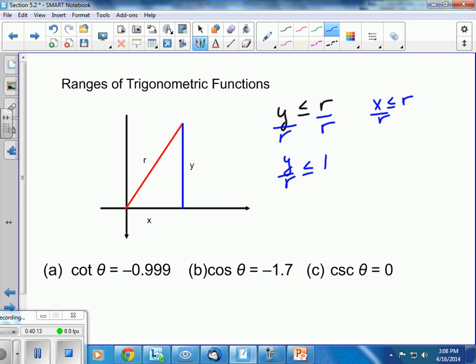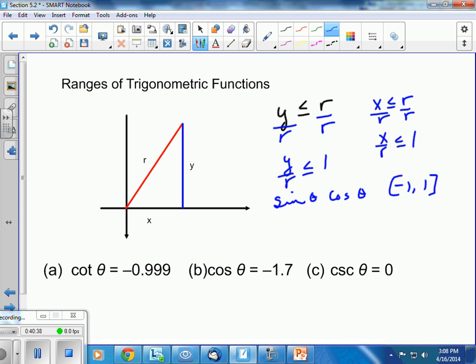When you divide that by r, you have that x over r is less than or equal to 1. That's my cosine function. So I know that the sine and cosine has a range of -1 to 1.